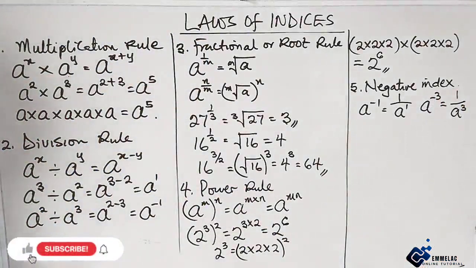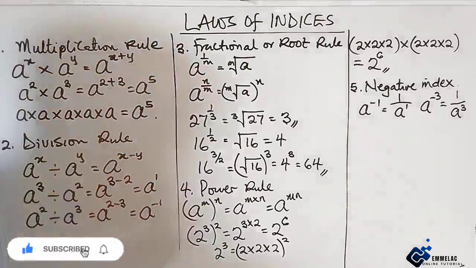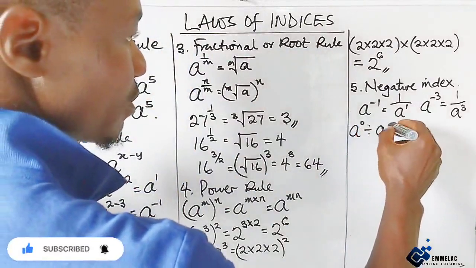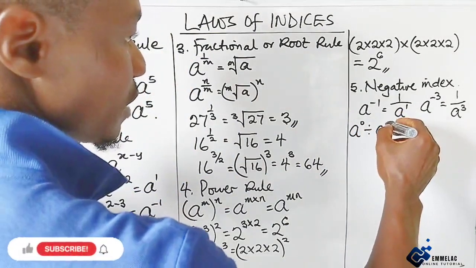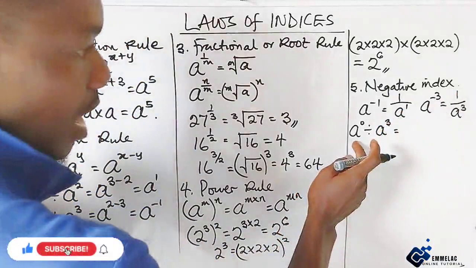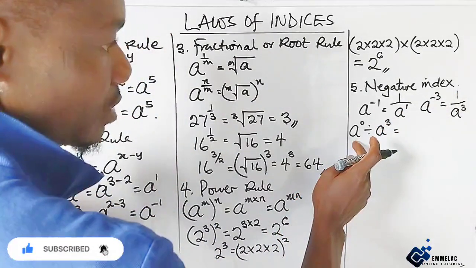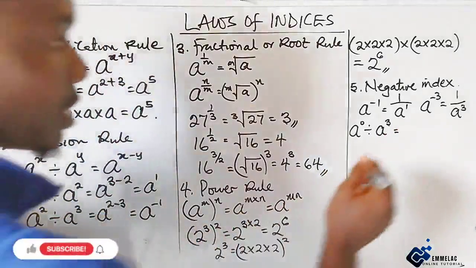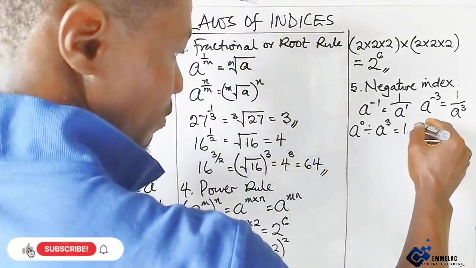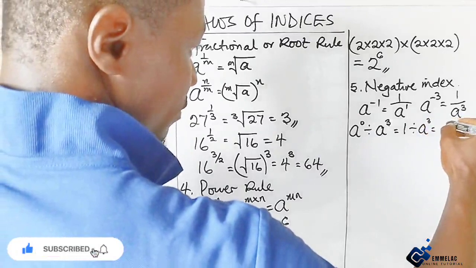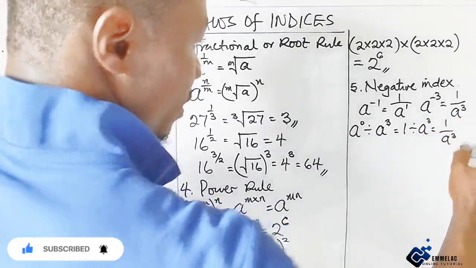Now, these are the laws. We can actually still prove this. For instance, if you have a raised to the power of 0 divided by a raised to the power 3. Anything raised to the power of 0 is actually 1. I guess we've not done that yet, so that will be 1, divided by a raised to the power 3, which implies 1 over a raised to the power 3.